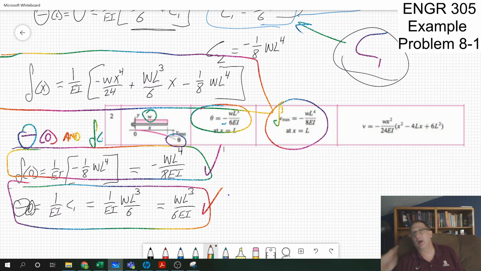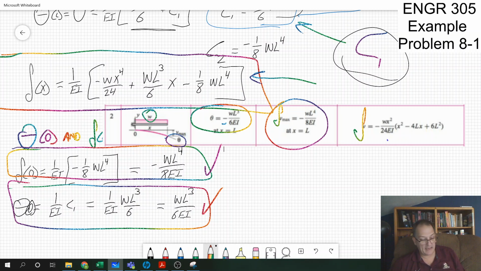Now, it would be hard for us to have gotten both of those correct and not gotten our general equation right. Well, they actually give us the general equation here. Delta equals minus WX squared over 24EI. They pulled a WX squared out of all of those terms. Each one of these terms in here has a WX squared.